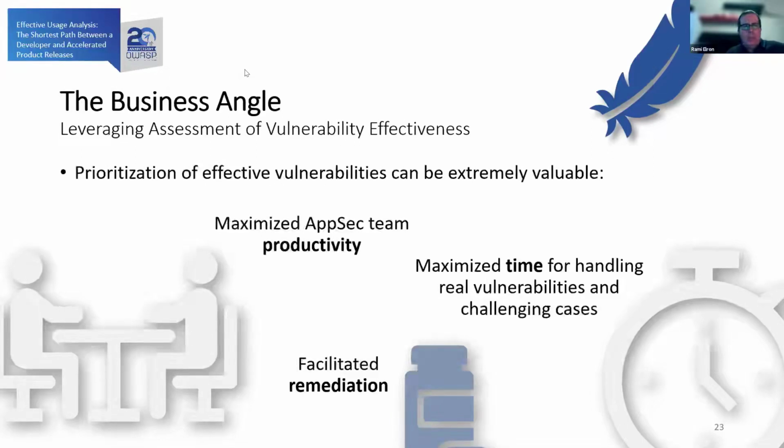So not only is it possible to identify a vulnerability as being effective or ineffective, but the information that could be provided to developers is: here is where you need to look. Here is where the call is made. Here is the trace that leads to the issue or problem. So this is information of significant value.